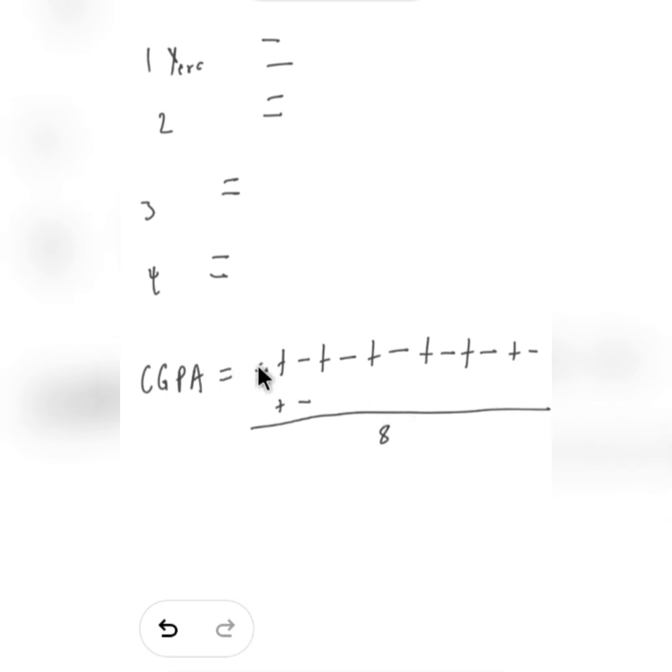These are your individual GPAs. So I'm going to teach you how to look for these GPAs so that you can know what you're going to get as your CGPA, or what you're going to aim for as a cumulative. Now this cumulative is what gives you the first class, second class, but don't worry about that. We're going to get into that in the next few minutes.